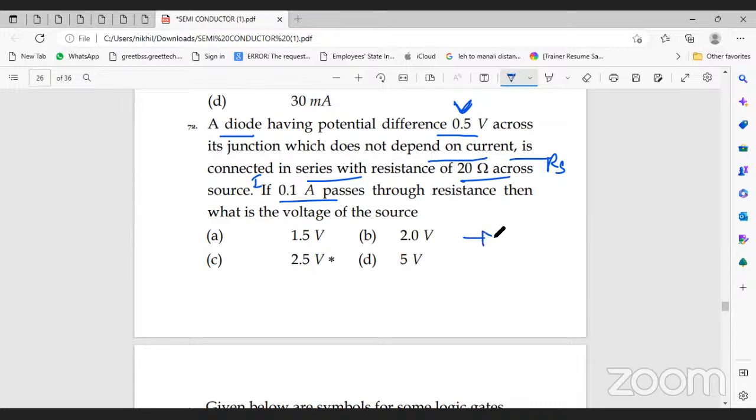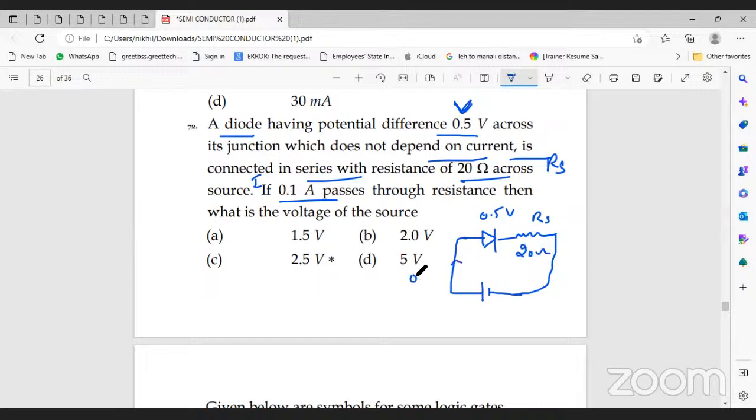There is a diode. This junction diode is 0.5 volt. This is connected to some voltage. There is a forward resistance. What is the forward resistance? 20 ohm.